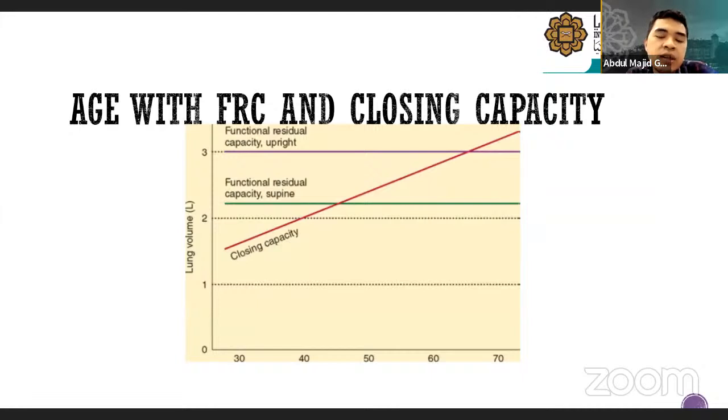The closing capacity is the lung volume at which airways close after a normal expiration, and it will increase with the increment of age.